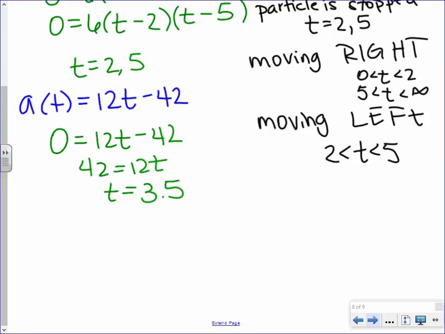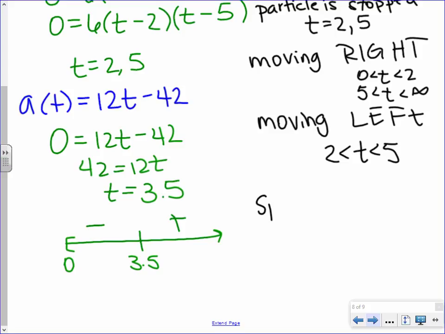Okay, so let's put that on a number line. Okay, do we have positive or negative acceleration when we're less than 3.5? Negative acceleration, positive acceleration past that. Okay, and really we only care about from 0 on.